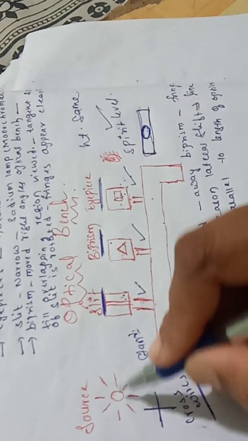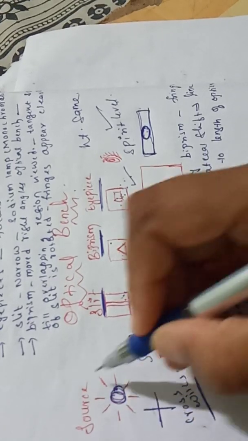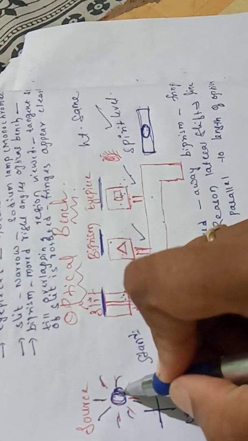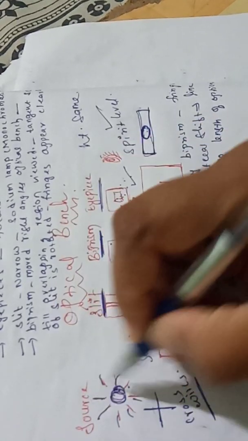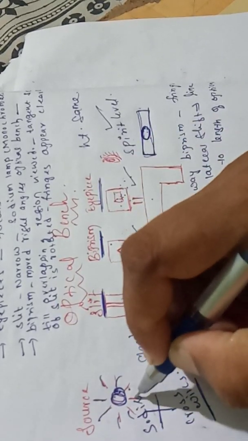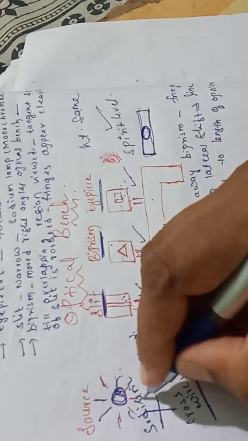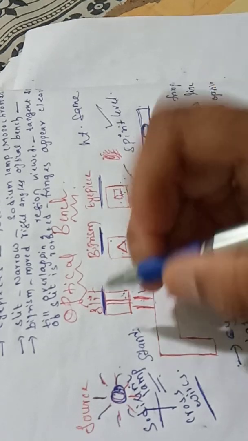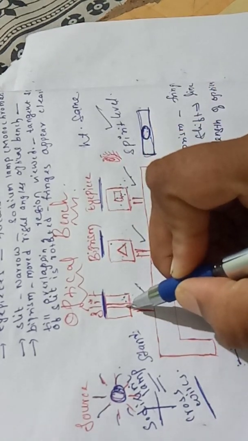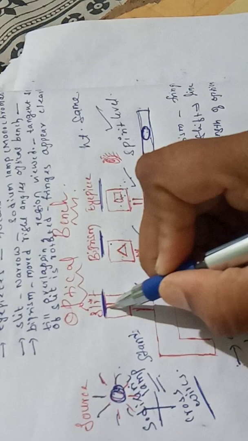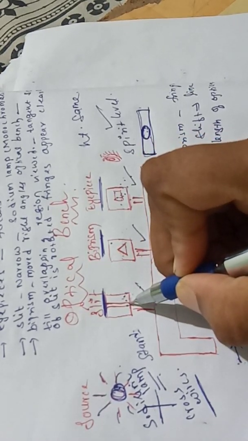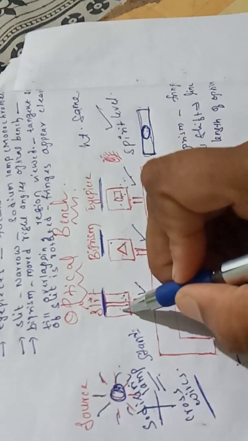Now first we arrange that particular source whose wavelength has to be determined. Here we are using a monochromatic light, that is sodium light. First we will narrow this slit.